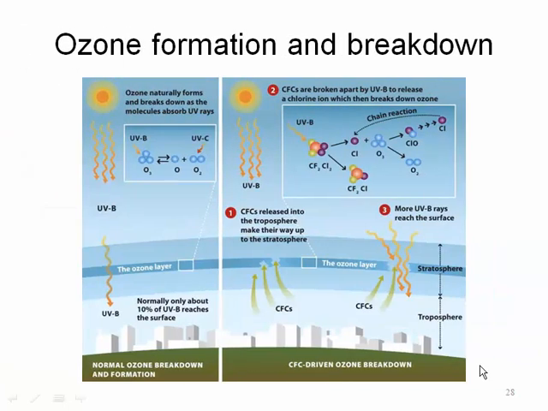As we noted earlier, ozone formation and breakdown occurs naturally in the atmosphere, and it's the presence of the UV radiation that comes in and breaks the bonds of the O2 molecule that we're most familiar with into individual free oxygen atoms. Those coming into contact with O2 molecules under the presence of the UVB radiation will form ozone.